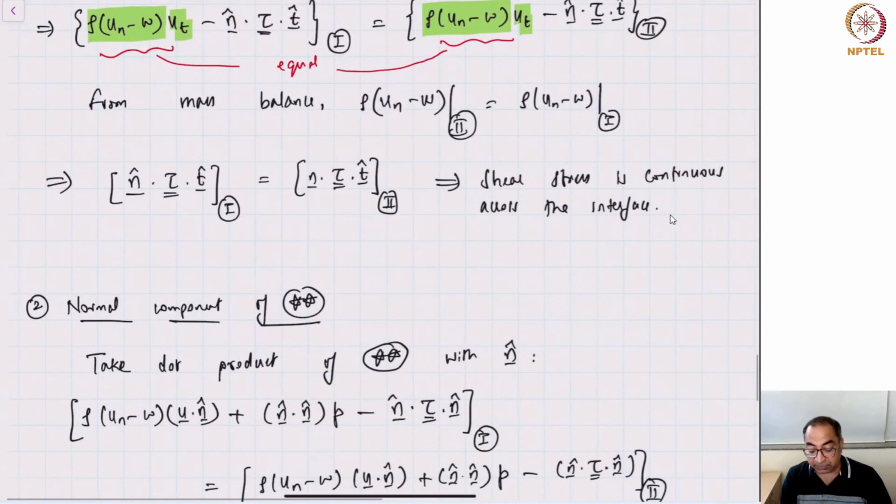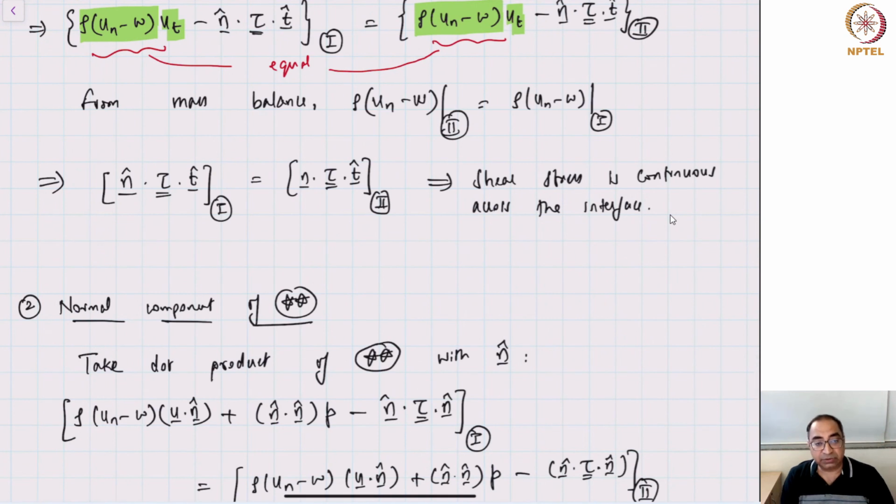To get the tangential component, we just took the dot product of that vector with the tangent vector, and we find that the shear stress is continuous across the interface. I have to add a qualifier: only in the absence of surface tension.